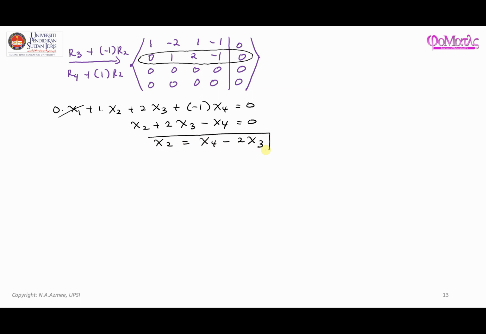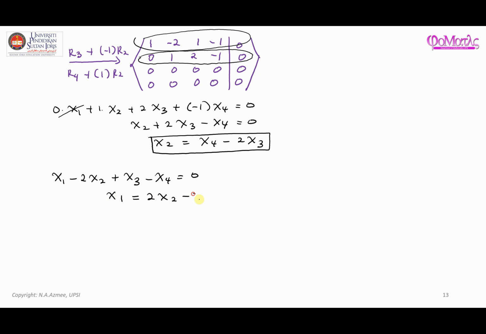So that is the first equation that we have. Next, we have this to consider. So it is x1 minus 2x2 plus x3 minus x4 is equal to 0. So here x1 is equal to 2x2 minus x3 plus x4. So that is another equation.